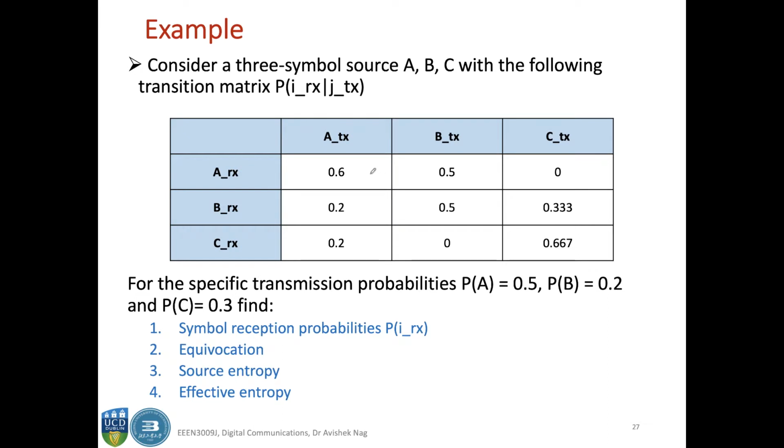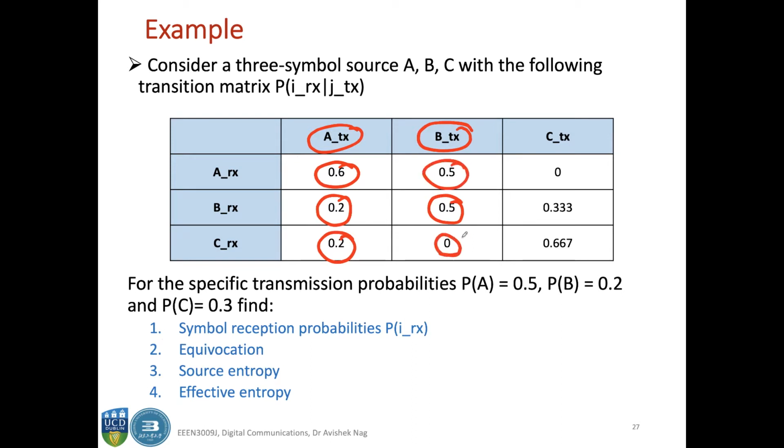Okay, so when you are transmitting A, you are receiving A with probability 0.6, you are receiving B with probability 0.2, you are receiving C with probability 0.2. Similarly, when you are transmitting B, you are receiving B with probability 0.5 and you are receiving A with probability 0.5.